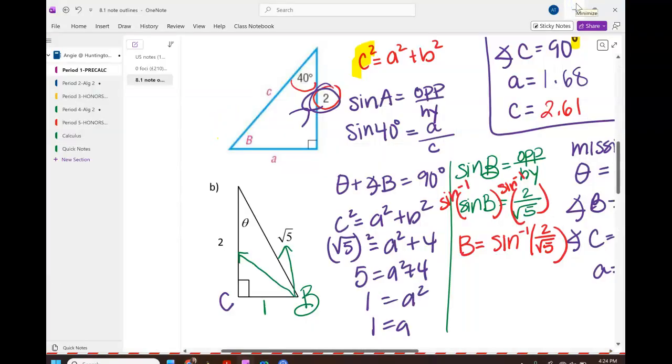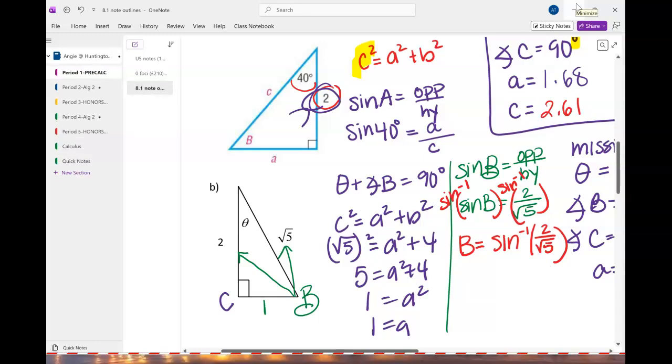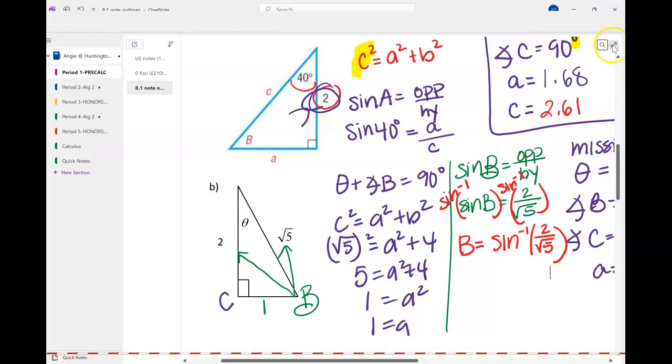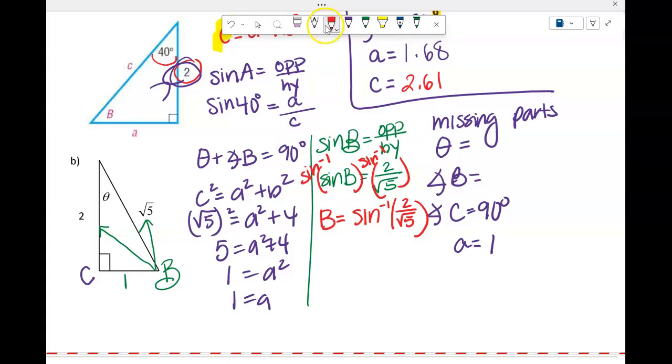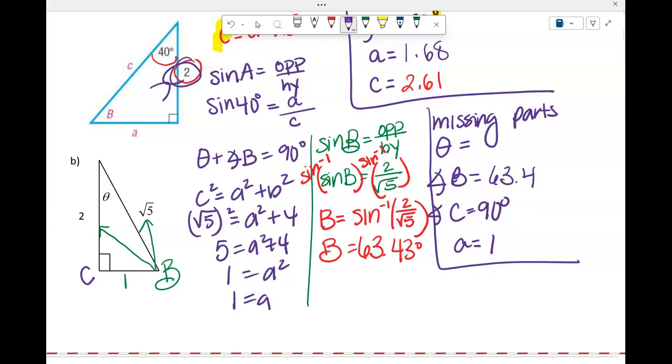Let's write that in. So big angle B is 63.43 degrees. Well, earlier we said these two add up to 90.